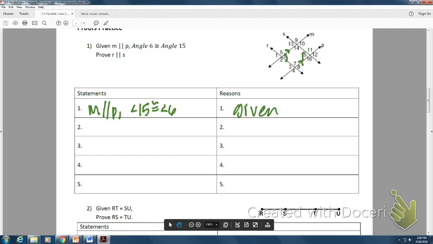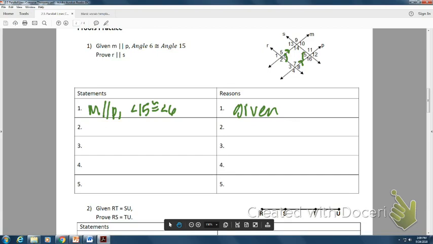Okay, we know that our goal is to get that R is parallel to S. Let's use one of our angles, 15 or 6. It doesn't matter which one, but somebody give me something else that pertains to angle 15 or angle 6. Angle 6 and angle 13 are congruent to each other because of alternate interior angles.